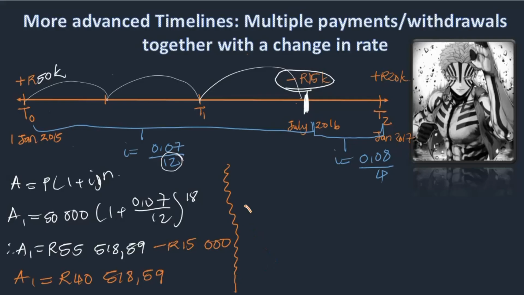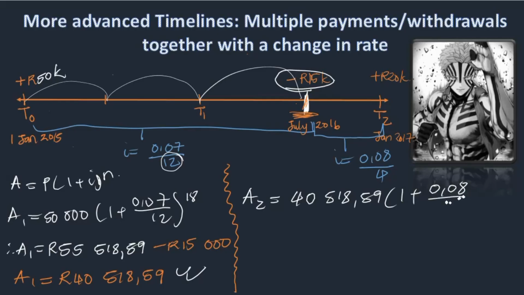Afterwards, I'm going to take this A1 and use it from here onwards, because my A1 is the amount of money I have here, calculated with the new details. What am I getting? I have my A2 equals this amount, 40,518.59, times 1 plus 0.08 over 4.